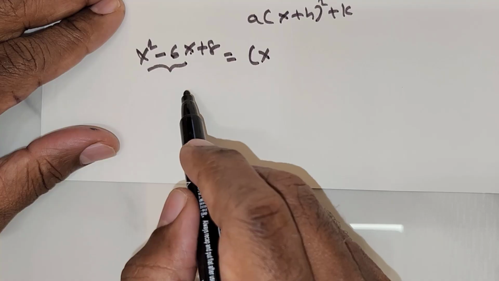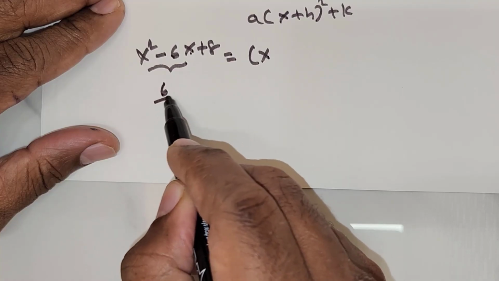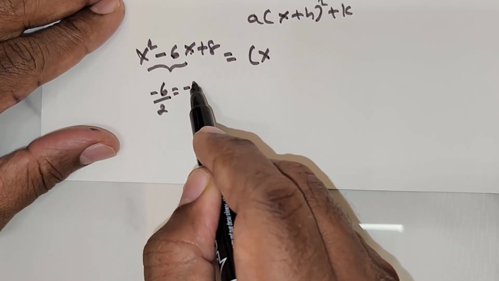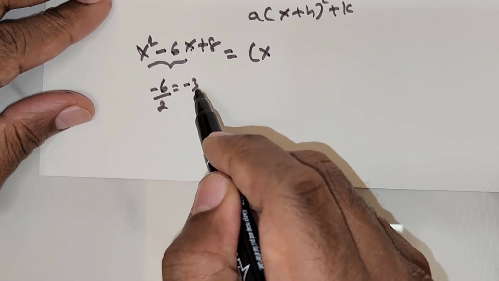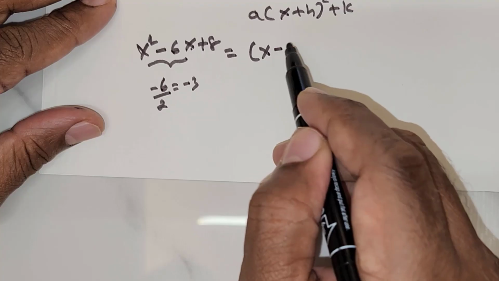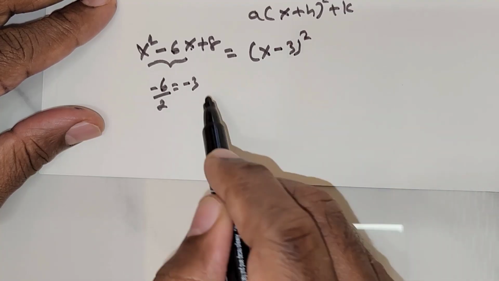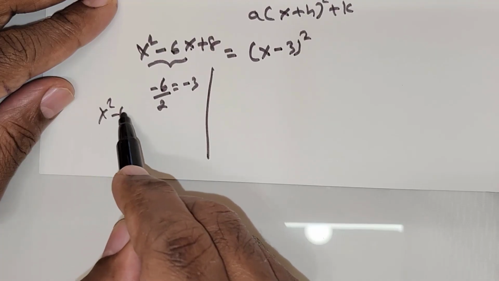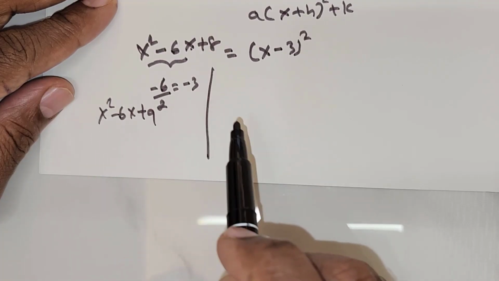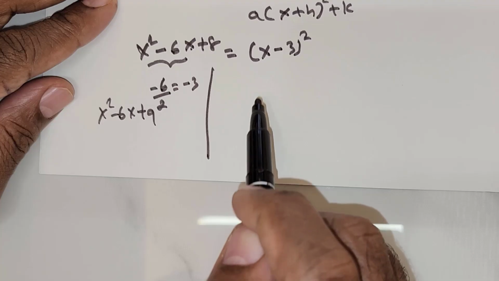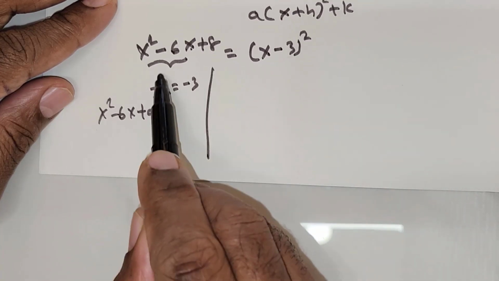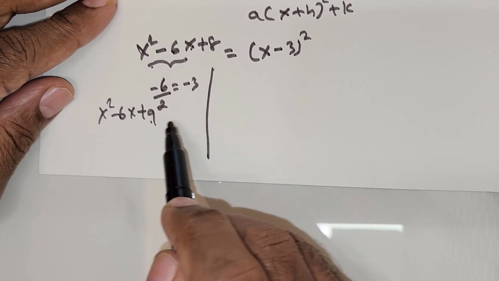You take the coefficient of x, which is 6, it's actually -6, so you divide -6 by 2, what do you get? You get -3. Now take this -3 and you place it over here, then you square it. Now this is a rough column, you expand this, what do you get? X squared -6x and +9. So you will have to remove this 9, because x squared and -6x is already there, but the 9 is the additional term.